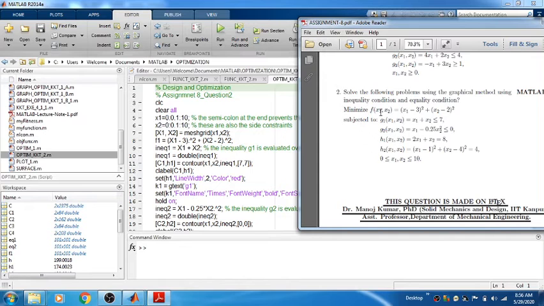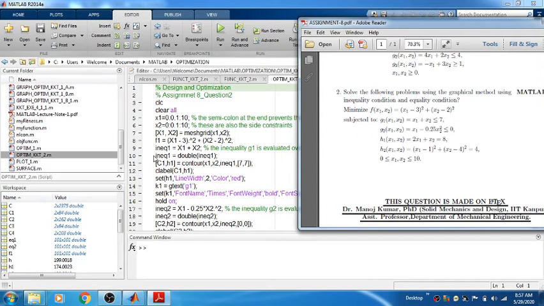Again I am telling the function: this is a circular contour problem, minimize (x1 minus 3) whole square plus (x2 minus 2) whole square, and we know the center will be at plus 3 and plus 2. Now, subject to these things, this is the code I have written here.